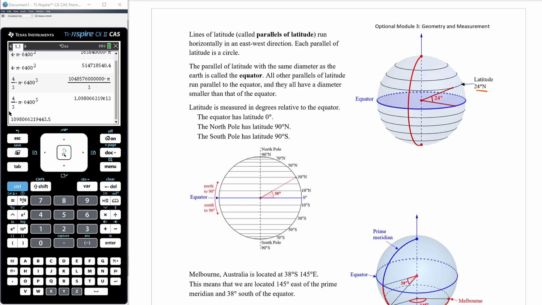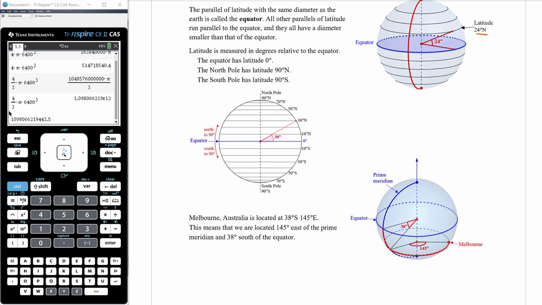If we have a look at this two-dimensional diagram, this is where we imagine slicing vertically through the Earth, so we can see the lines of latitude in a two-dimensional representation. So you can see here that you've got your equator, and then all of the lines of latitude are measured relative to that equator, and it is about the angle that's created at the center of the Earth. Okay, so that's 30 degrees north.